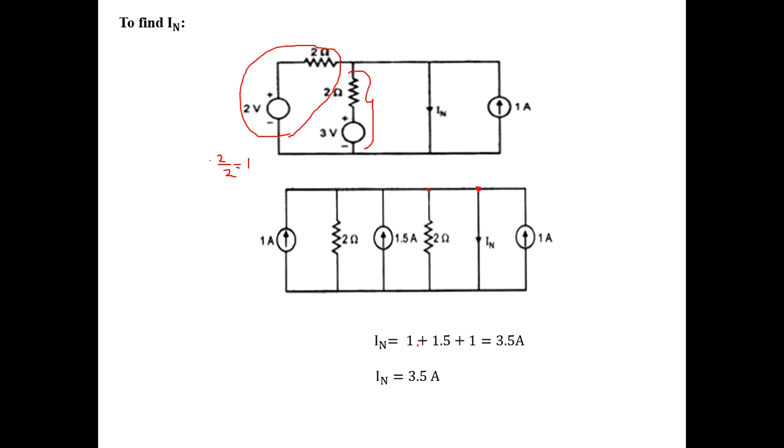We can write 1 plus 1.5 plus 1 equal to the outgoing current, which is IN. So IN equals 1 plus 1.5 plus 1, we got the answer 3.5 ampere. IN value we found is 3.5 ampere.